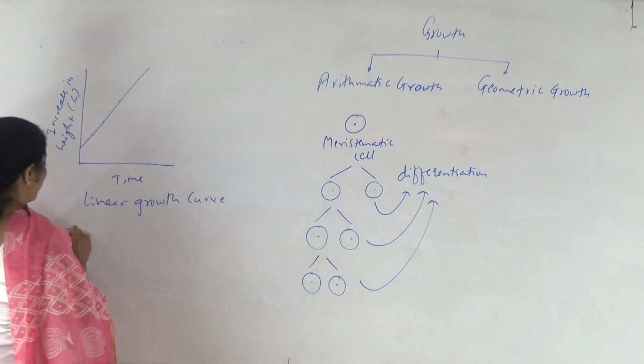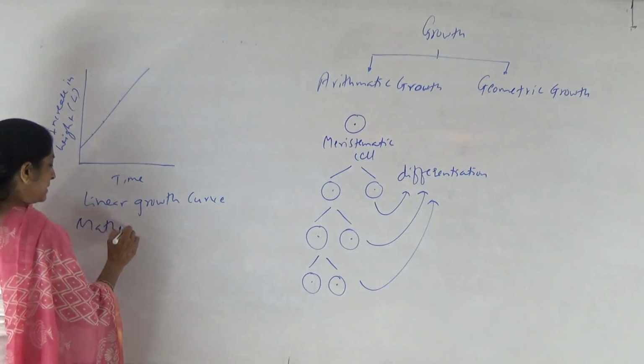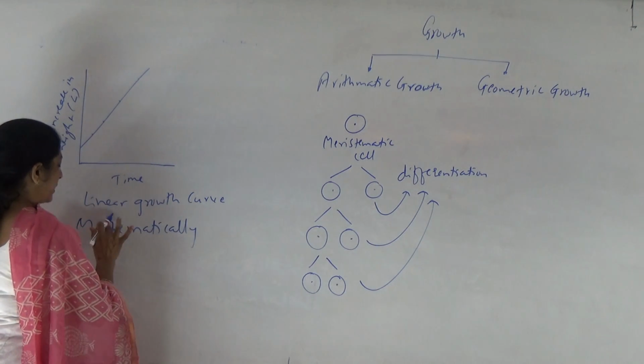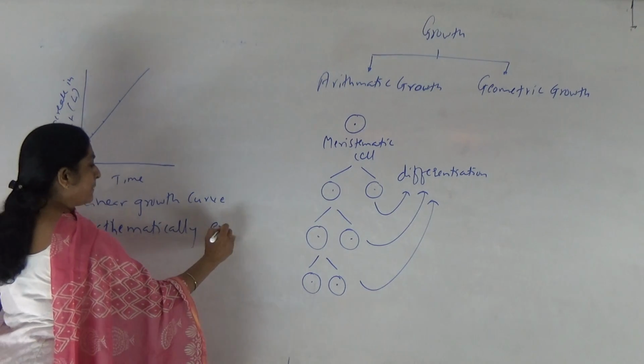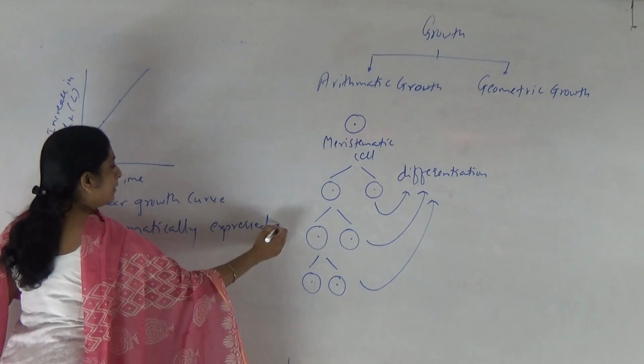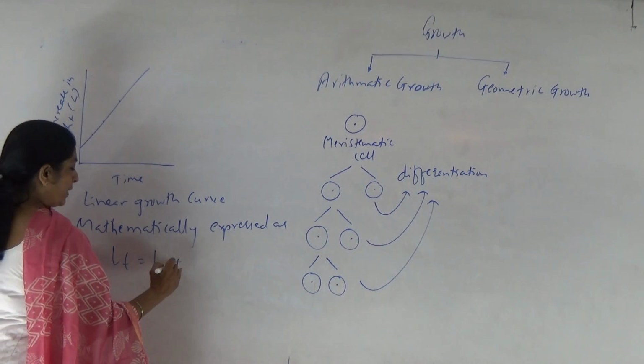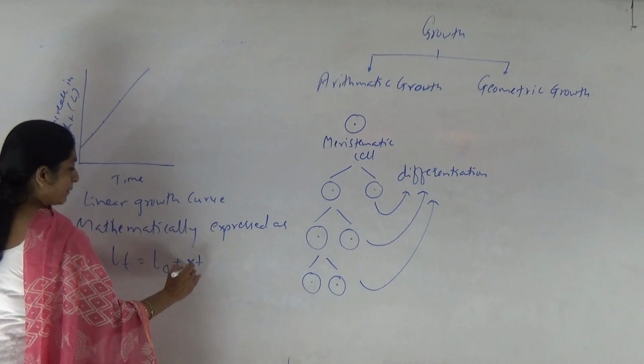Arithmetic growth can be mathematically expressed as Lt = L0 + rt, right?